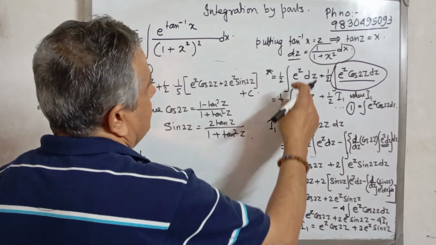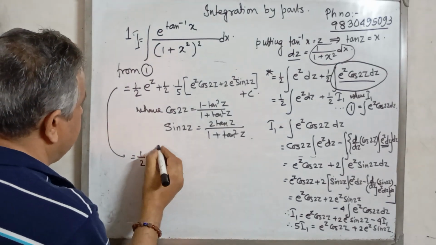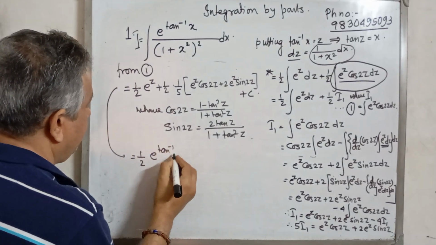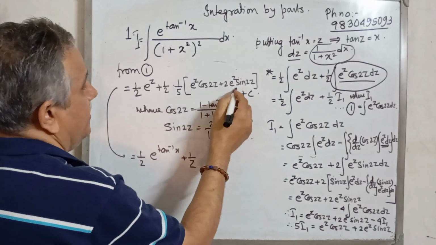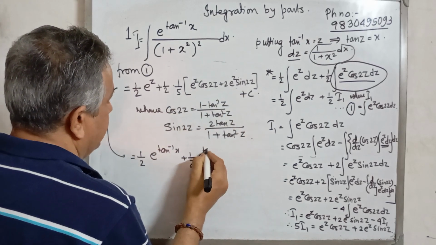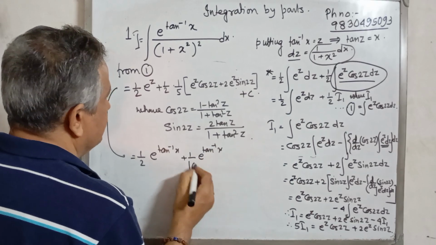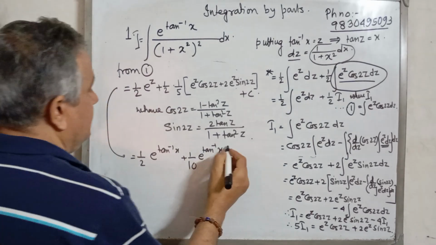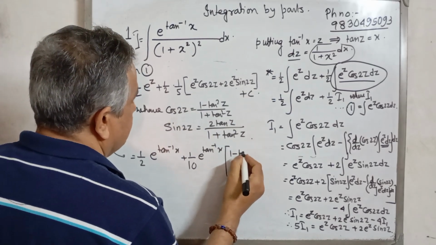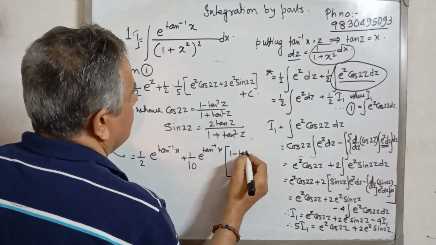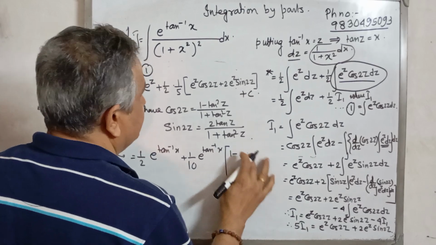From here z is tan inverse x, so e to the power tan inverse x plus 1 by 10, e to the power z as common, e to the power tan inverse x, sorry, 1 by 10, this is 2 into 5 is 10, and cos 2z is 1 minus tan square z.